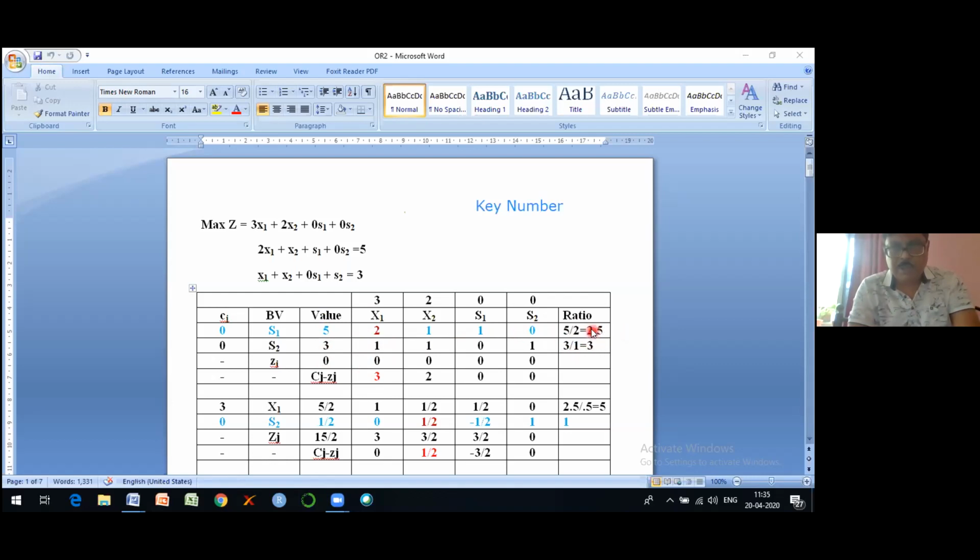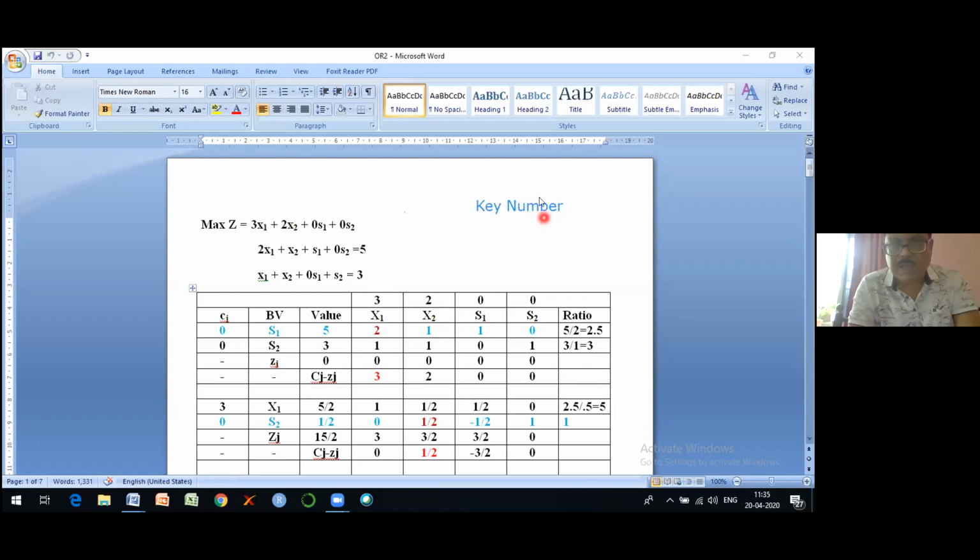So between these two values, the lowest positive will be taken into consideration, and accordingly this will be our key row. The intersection point of the key row and the key column is 2.